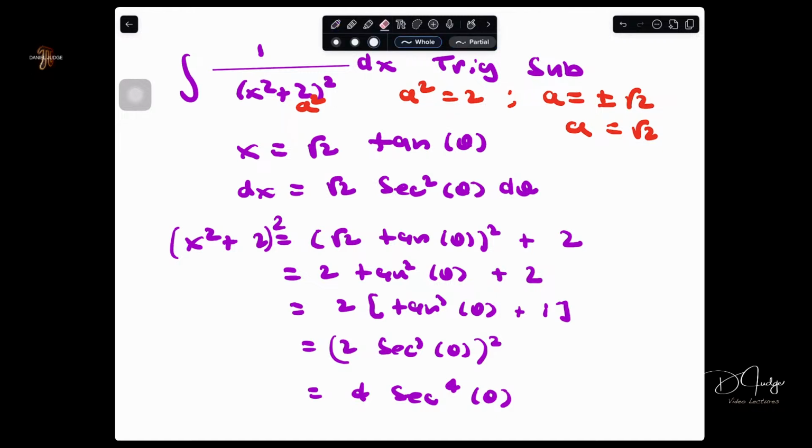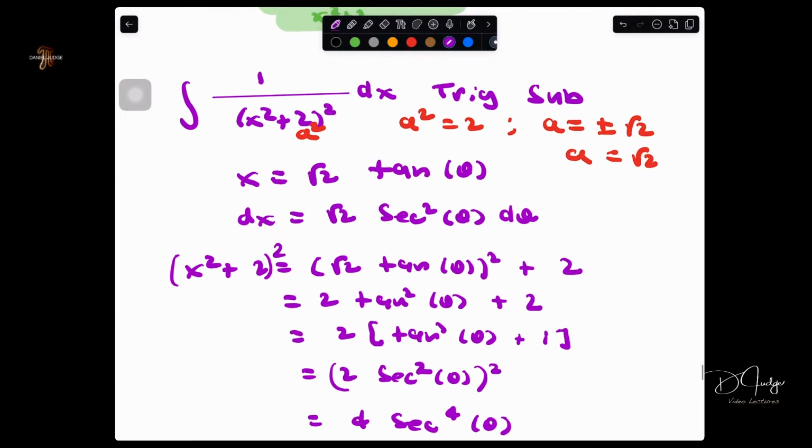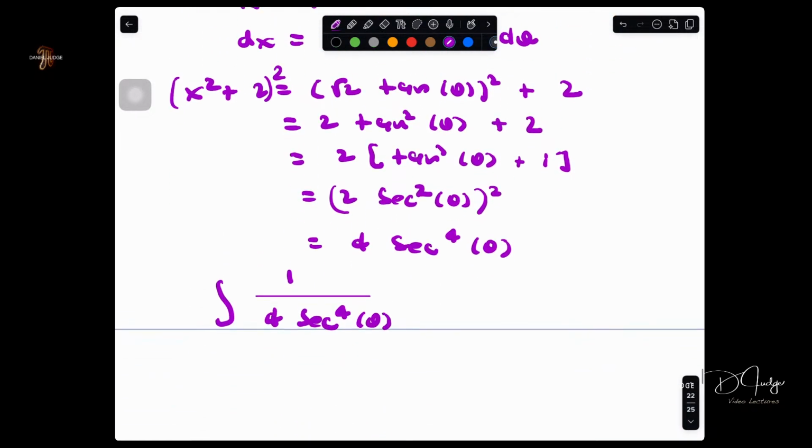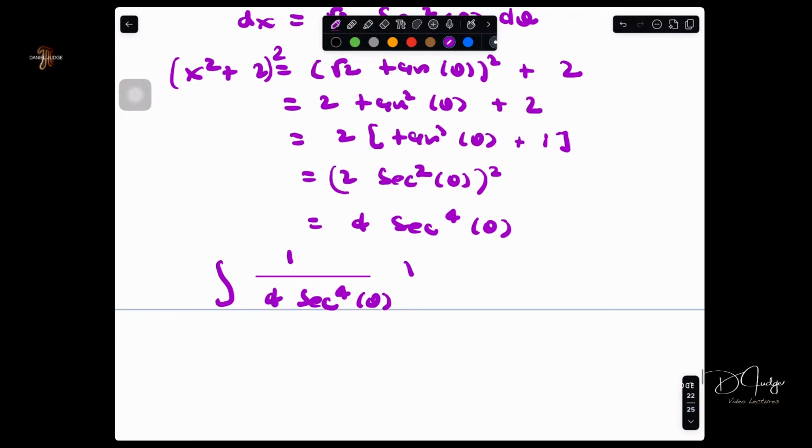So the integral is really 1 over 4 secant to the 4th power, and then our dx is the square root of 2 secant squared theta d theta.